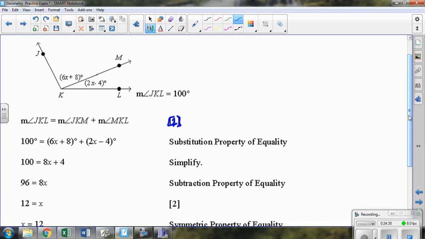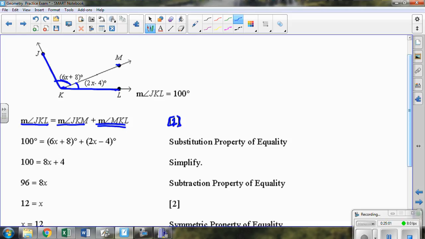In particular, this is a problem where you would have to recognize angle JKL, J to K to L, that's the entire thing. JKM, J to K to M, that's this piece.